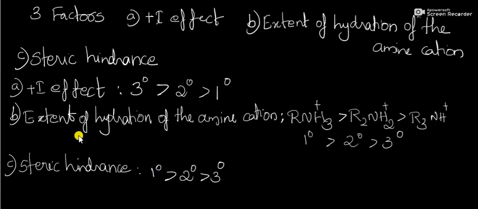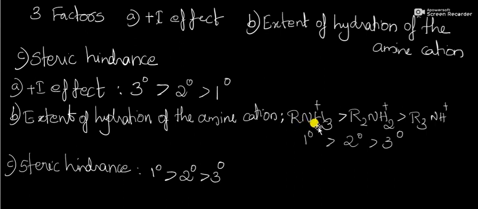The next factor is the extent of hydration of the protonated amine. What is the formula of the protonated amine in all the three amines? Here, this is the protonated amine of primary amine, that is RNH2.